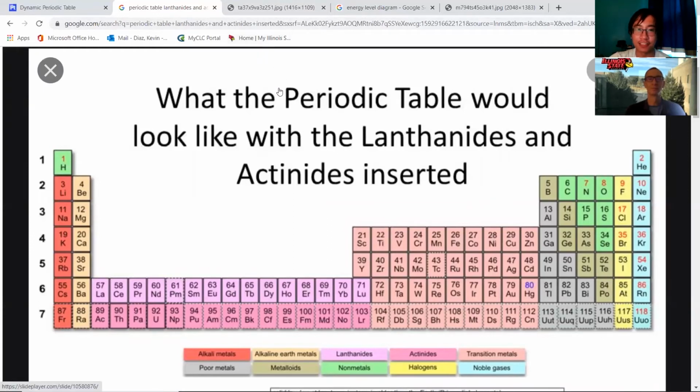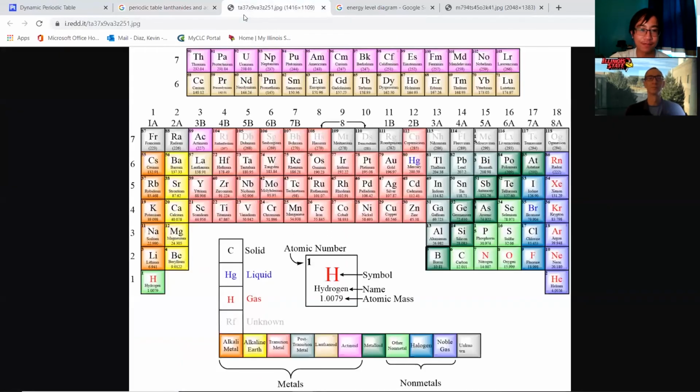Another different one, which I think is pretty interesting, is this upside down periodic table. You can see that the f orbital elements, the lanthanides and actinides, are on top, and instead of reading top down, we go bottom up when we read the elements and increase atomic number: hydrogen, helium, lithium, beryllium, and so forth.